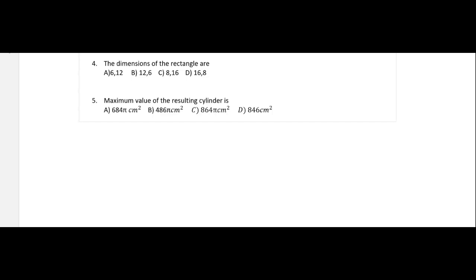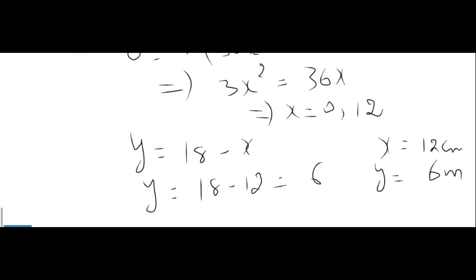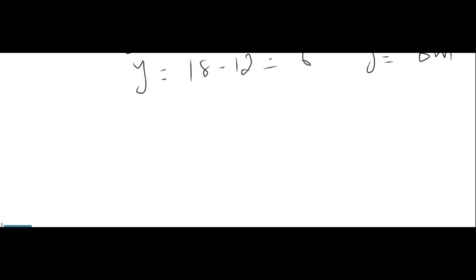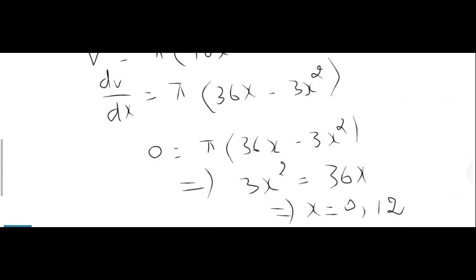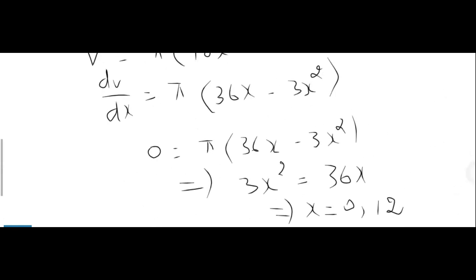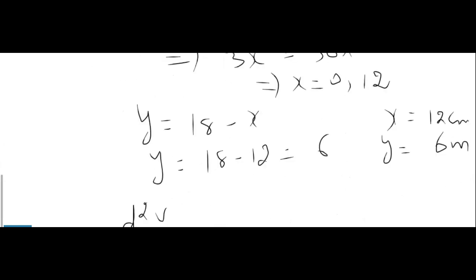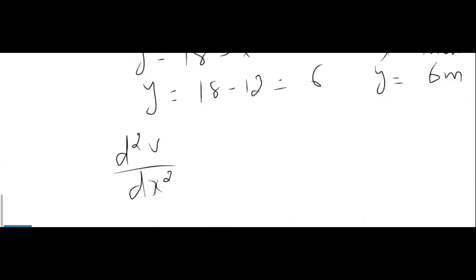And coming to the fifth subdivision, the maximum value of the resulting cylinder is what? To find out the maximum value of the cylinder, we need to find d squared v by dx squared. Already we found out dv by dx is pi into 36x minus 3x squared.